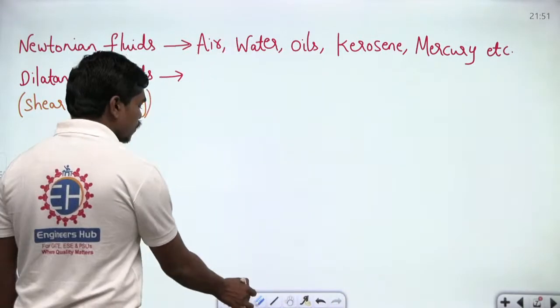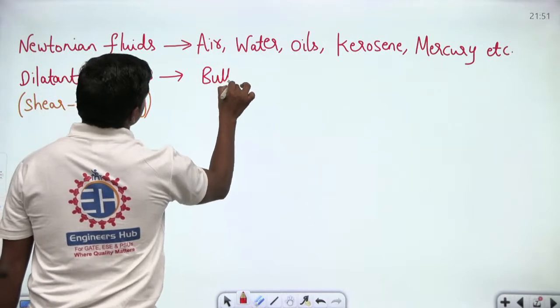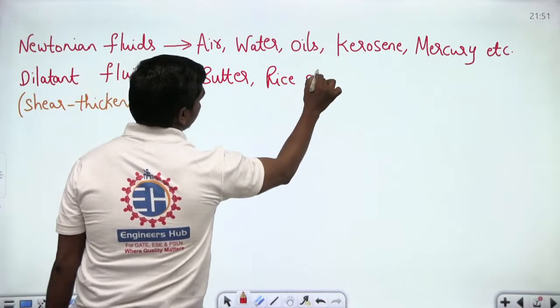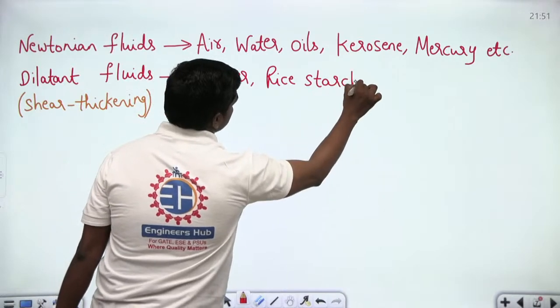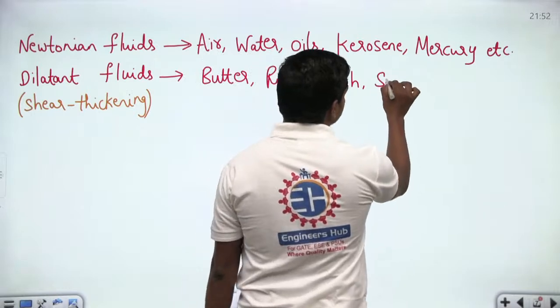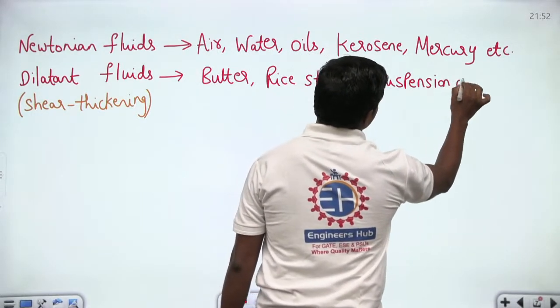Okay, and if you try to point out some shear thickening fluids, you can take butter as an example, and of course rice starch. Basically the starch solutions in your rice make this list. And of course there is a suspension of sand with water, which you can take in general.